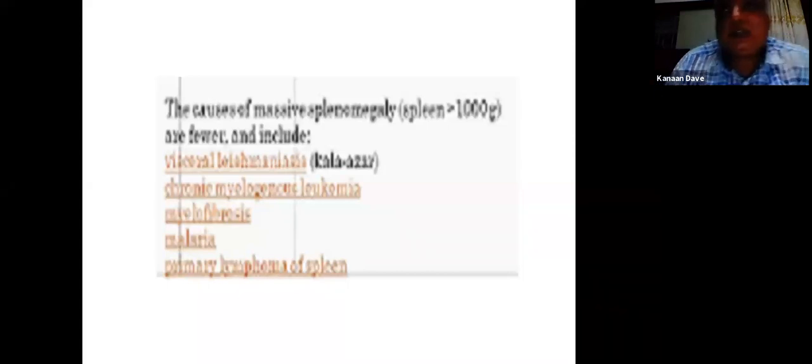In myelofibrosis, the bone marrow gets replaced by fibrous tissue, and therefore the hemopoietic capacity of the bone marrow is grossly restricted. And in that condition, the spleen takes up its role of producing the hemopoietic elements. So you get extramedullary hemopoiesis in myelofibrosis that causes massive splenic enlargement.